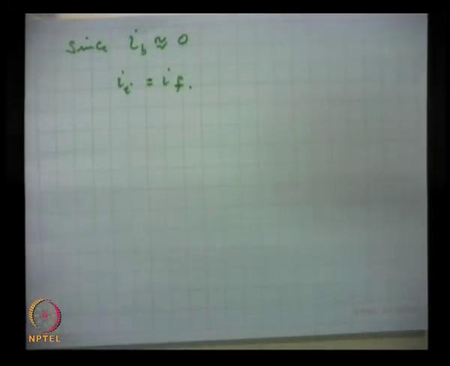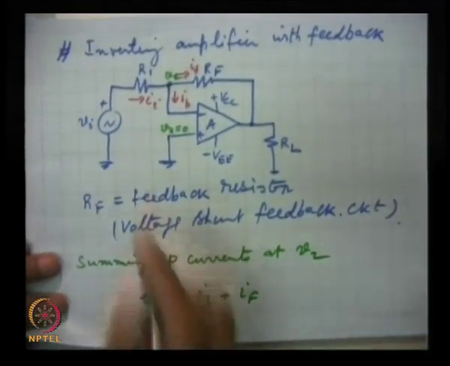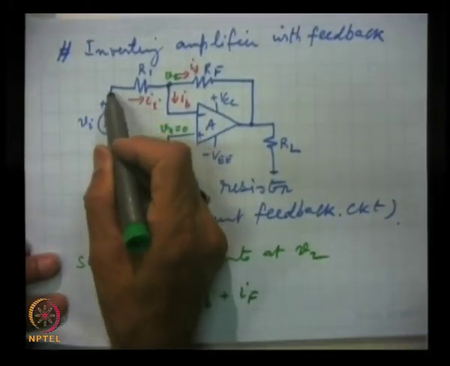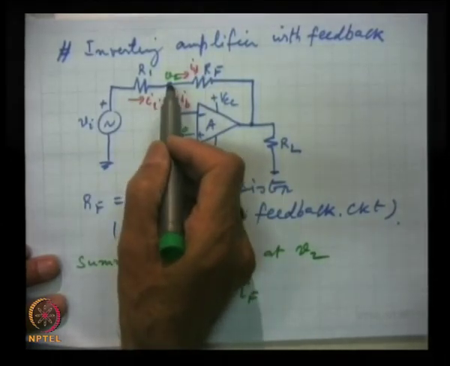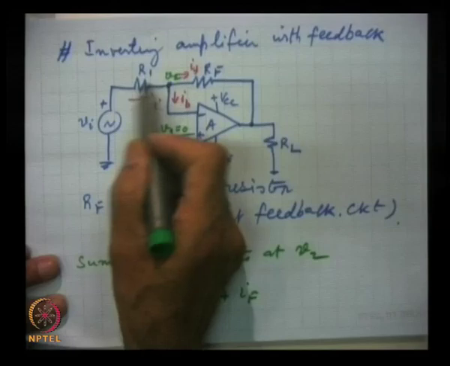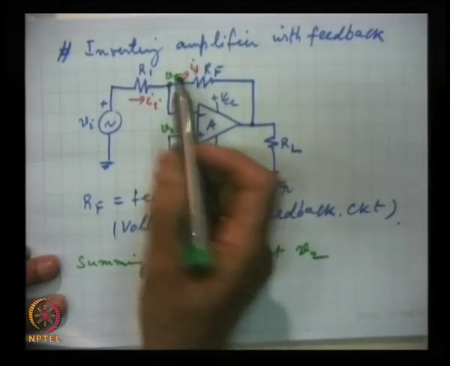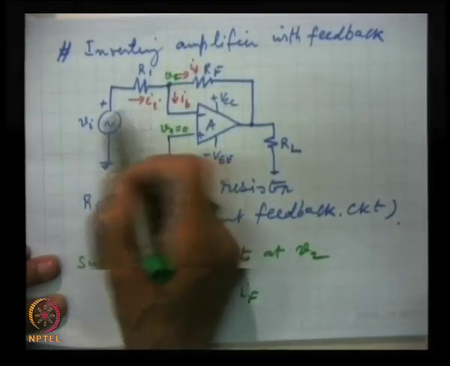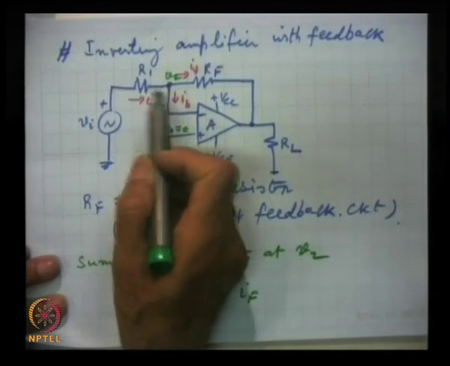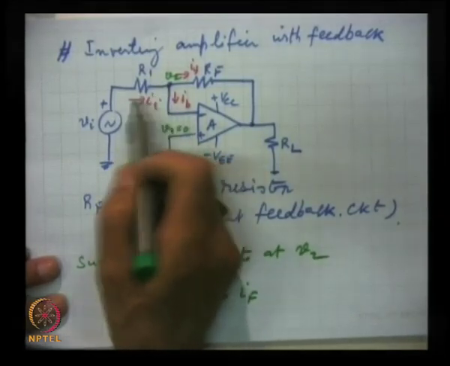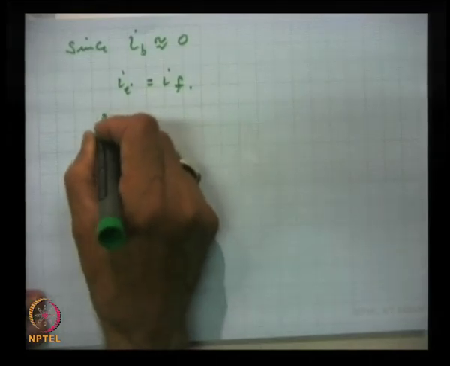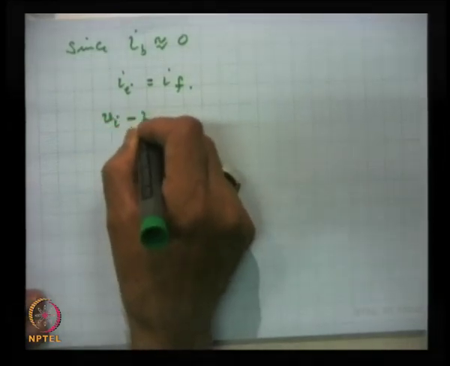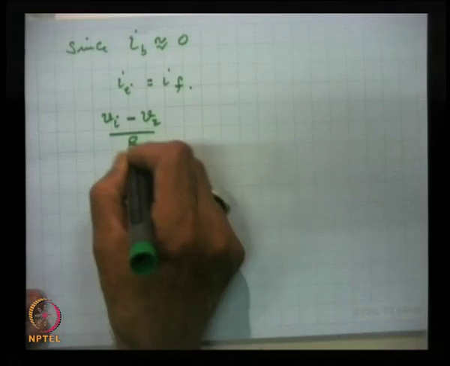Now, what is the value of II? In this terminal, one terminal is at the voltage Vi, the other terminal at V2. So what is the current flowing through this? Simple Ohm's law, potential difference is Vi minus V2 divided by R1. So this current is Vi minus V2 by R1.